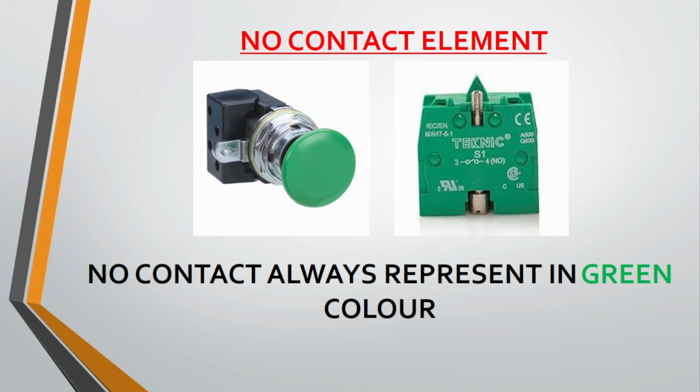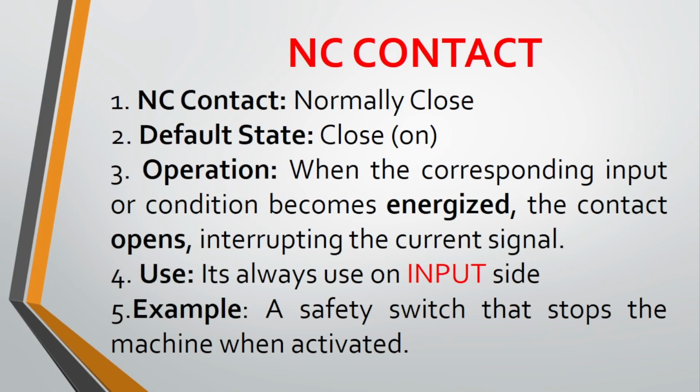Then we will understand NC contact. NC contact means normally closed contact. And the default state of NC contact is closed, means initially it is in on condition. Suppose we perform an operation when the corresponding input or condition becomes energized, means current is already flowing from plus 24 volt to 0 volt, means the circuit is closed, and the contact opens, interrupting the current signal.